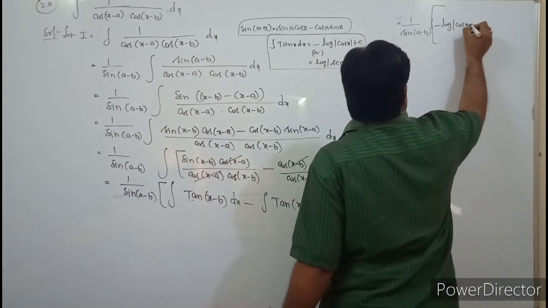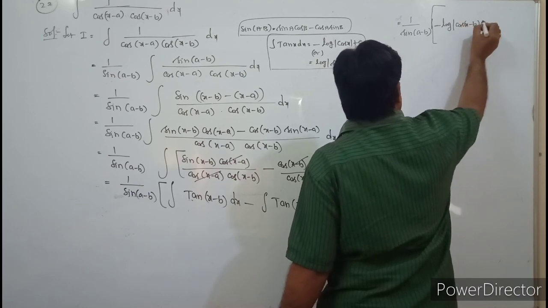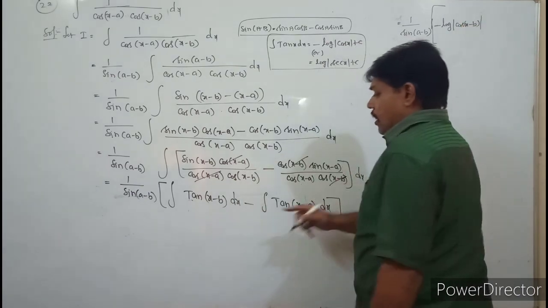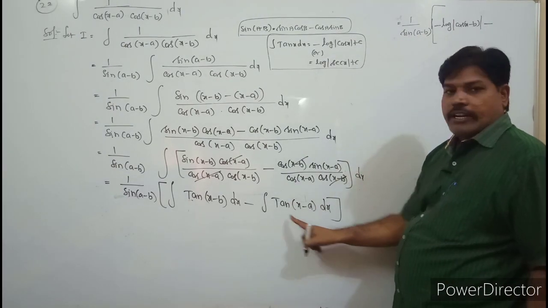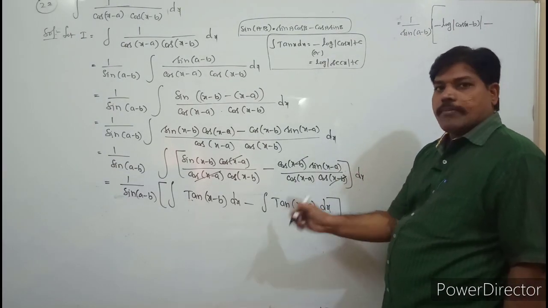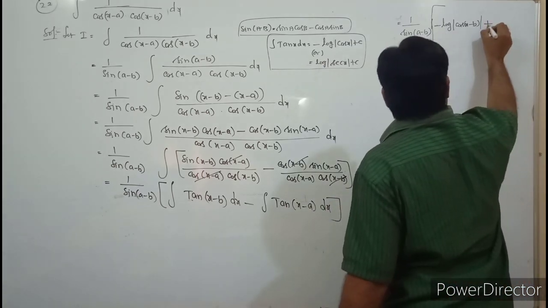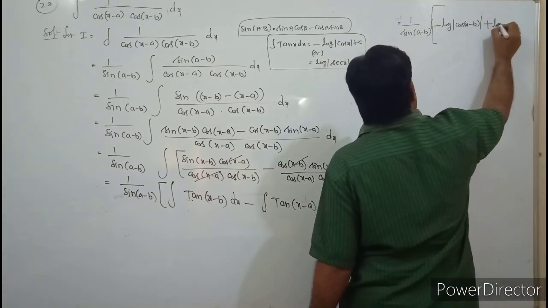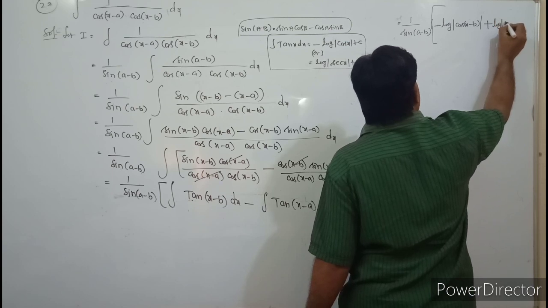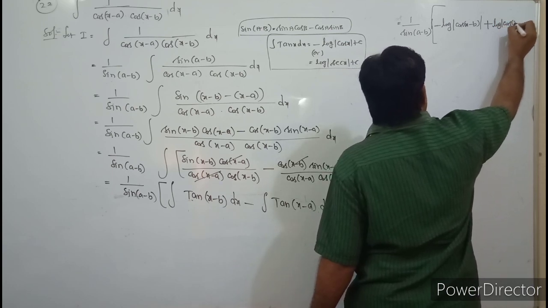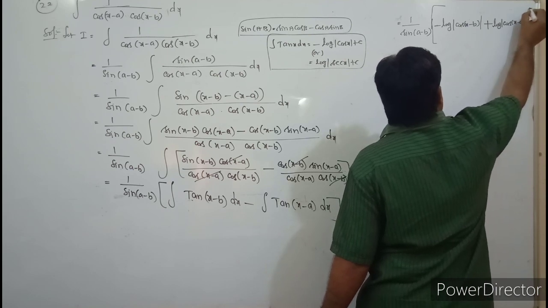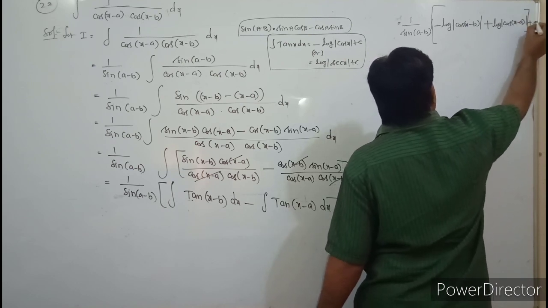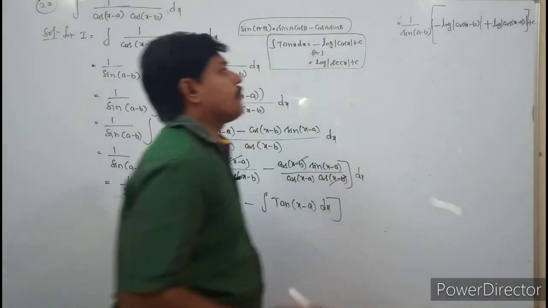The x value is x minus b. Minus integral of tan: integral of tan is minus log. Already minus is there, so this minus will become plus log of mod cos of x minus a plus c. So see that, students?